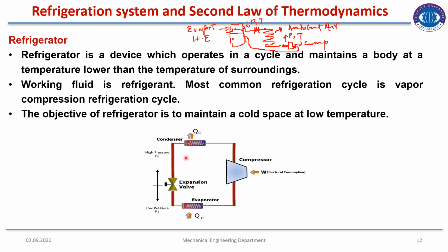So heat is rejected into the high temperature thermal energy reservoir, so the temperature will be reduced but the pressure is still high. The expansion valve will reduce the pressure and temperature, and there is an evaporator, and the evaporator will take all the heat from the cabinet of the fridge and increase the temperature of the refrigerant, and this is a cyclic process that will go on.